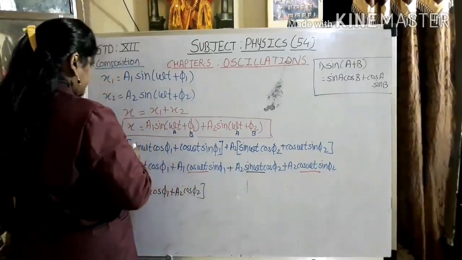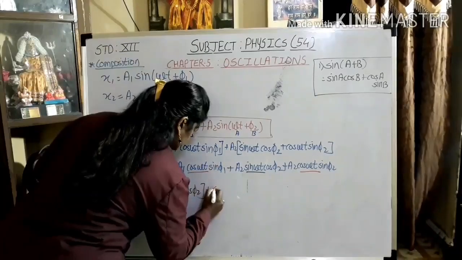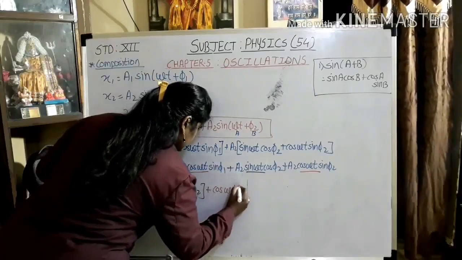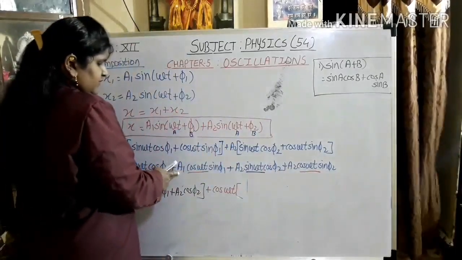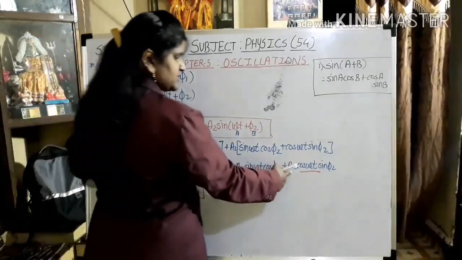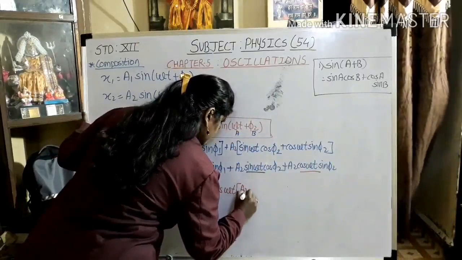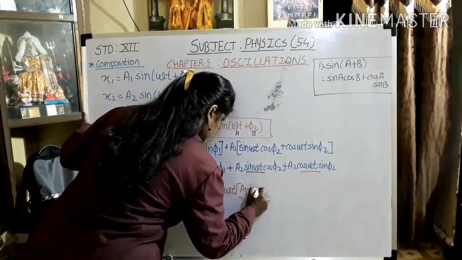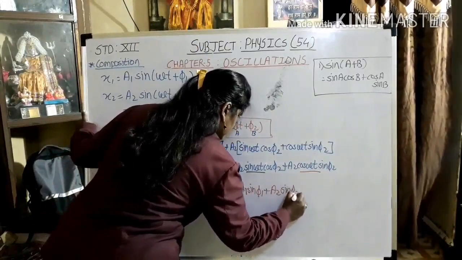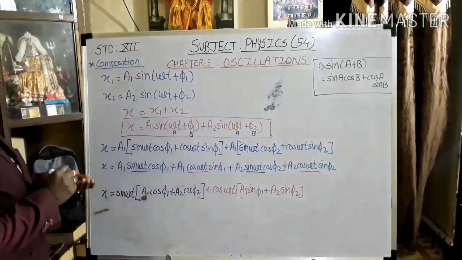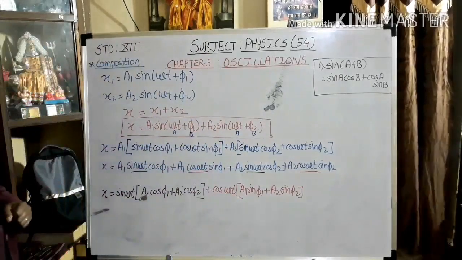For the second, what are we going to take common? Cos omega t. So I will take out cos omega t common. From this and this, I will get A1 sin phi 1 plus A2 sin phi 2. So in this way you can find the equation.